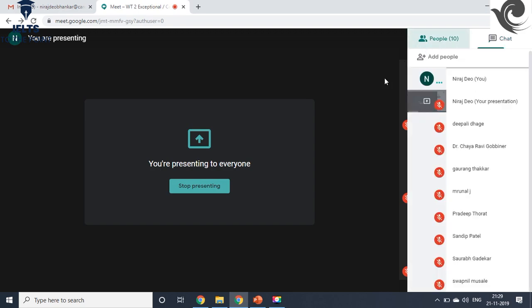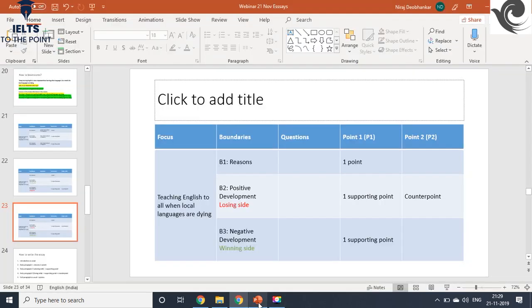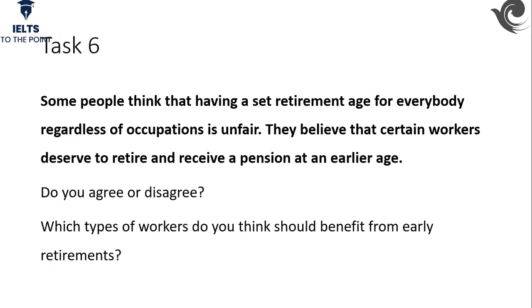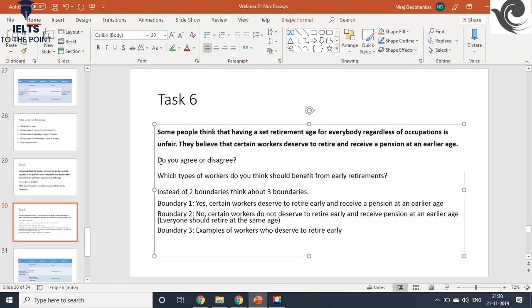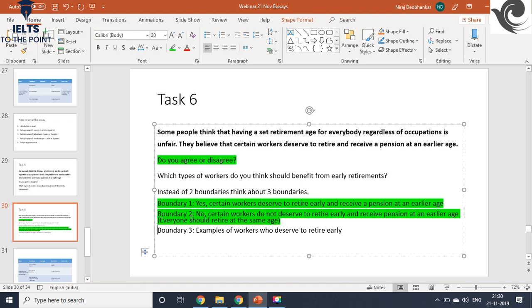Okay. Now, just to revise task 6, we do a very similar thing over here as well. If I have to explain this part, from the opinion based part, we are inspired to find the two boundaries, and from the discussion part, we are inspired to find the one boundary which the instruction is actually referring to.